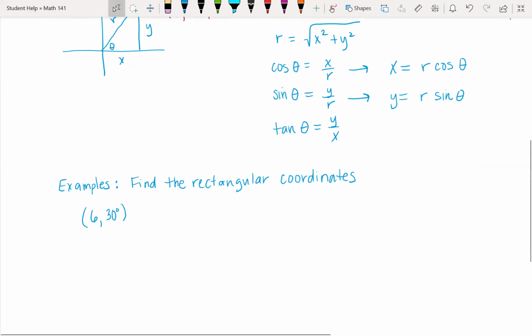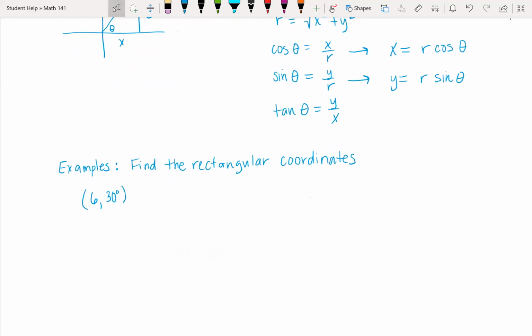So using some of those relationships that we just wrote above, we know that x is the same as r cosine theta, or in this case, x is going to be 6 times the cosine of 30 degrees, or 6 times square root of 3 over 2, which is just 3 times the square root of 3.